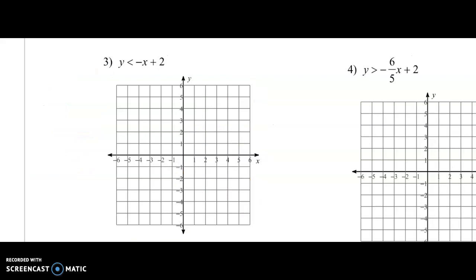Let's move on to example number 3. Again, we may want to consider changing that inequality to an equal sign, giving us a better chance of graphing this boundary line with a higher degree of accuracy.